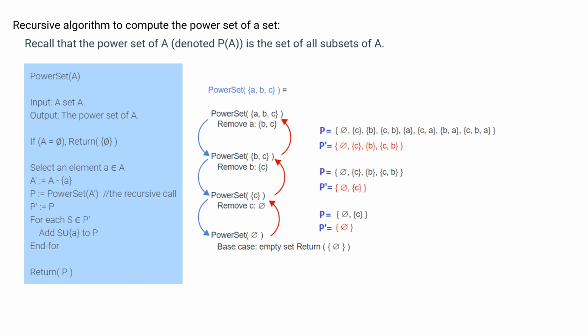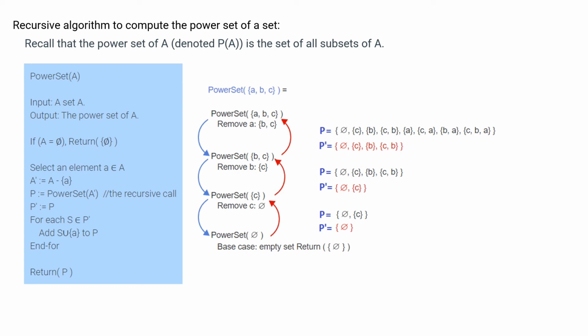So for p, again, remember the first part of p here is just what p already was. So those first four elements, that's what p was to begin with. But then we're going to look at p prime, add a into each of those sets. And then when we do that, those new sets then get added into p.